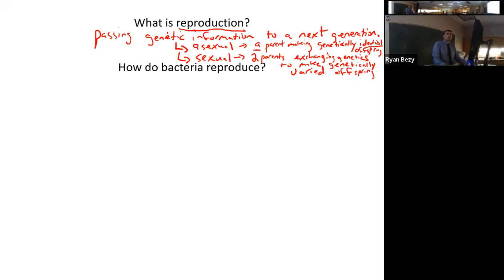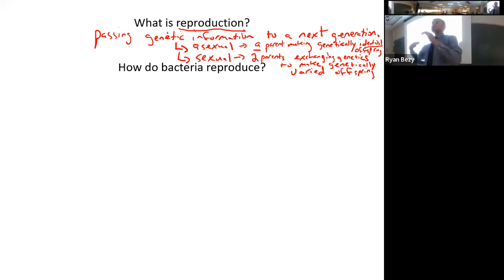In asexual reproduction, the offspring are what are called clones or genetic copies of the parent. But in sexual reproduction, two different parents will exchange genetic material to make offspring with a genetically unique identity, or a varied identity. Which way do bacteria reproduce?